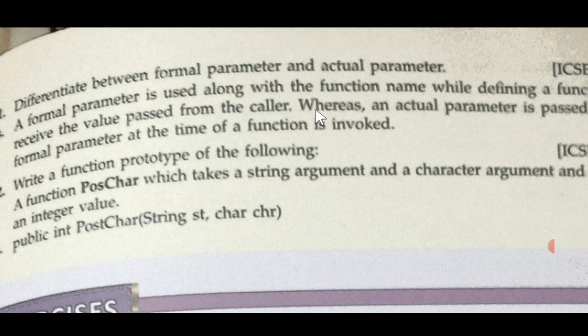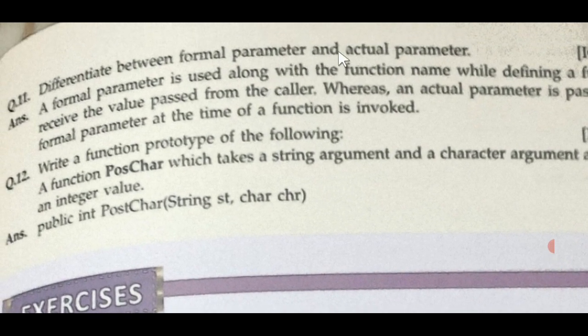The parameters specified in the function call are known as actual parameters. They are sent to the function definition, and finally the formal parameters accept those actual parameters. Actual operation is performed on those parameters which are passed through the function call. That is why they are known as actual parameters.